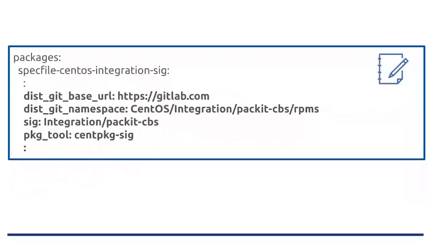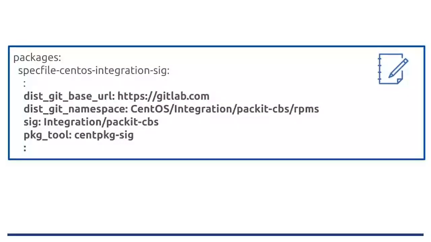But the crucial part is explicitly specifying the GitLab instance, the namespace, the project/SIG setup there, and the packaging tool. We used to be more magical and try to guess everything for you, but learned the hard way that it's maybe easier for the user to set this explicitly one time and everything is correct, rather than us guessing it badly. So that's why it's explicitly mentioned here.